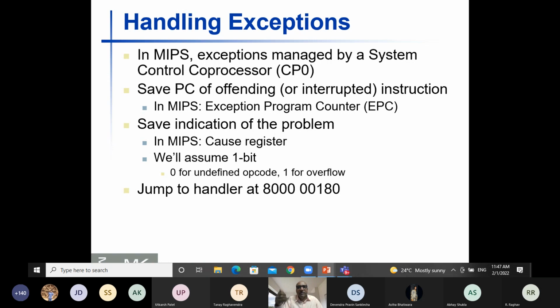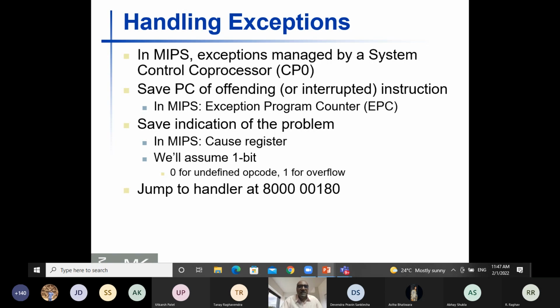So that way, whenever an exception occurs, the control is immediately shifted to the exception routine, or exception service routine, or you can say interrupt service routine. That has to be run. And that interrupt service routine depends upon the way you handle the interrupts, whether to terminate the program or to run the remaining part of the program with modified register contents or whatever. That is up to you, right?